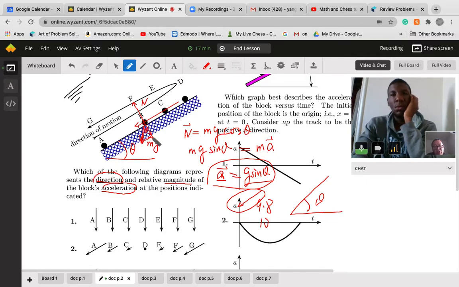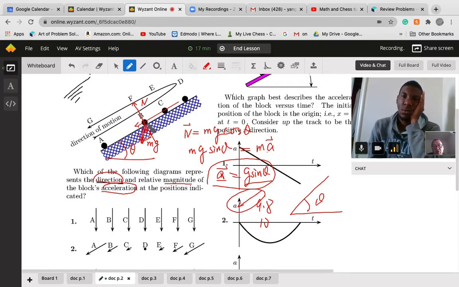Then we try to analyze the forces acting on this ball, so we need to separate this gravity into two directions. One is along the direction of the incline, another is perpendicular to the surface of the incline.